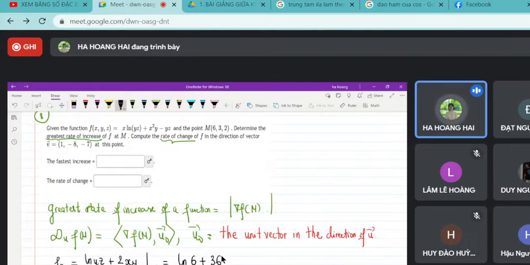And so we have the gradient of f, and the length of this vector is the square root of fx squared plus fy squared plus fz squared. We find the square root of the sum of squares.